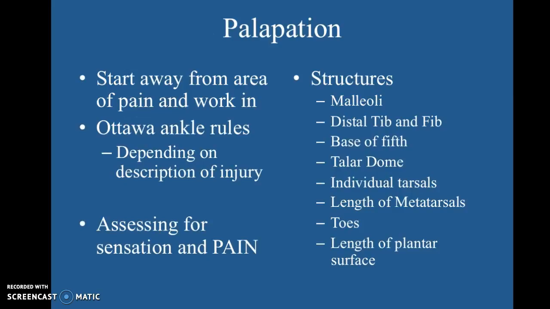Then I focus on palpating. So I start away from the area that they've pinpointed pain and I work inward. For lower leg, ankle, foot, I always utilize the Ottawa ankle rules, maybe focusing on one area of the Ottawa ankle rules, depending on the description of their injury.